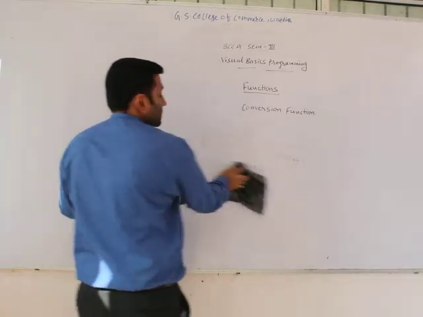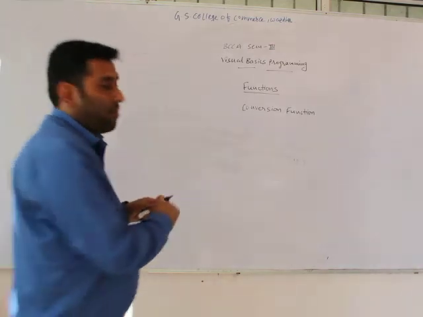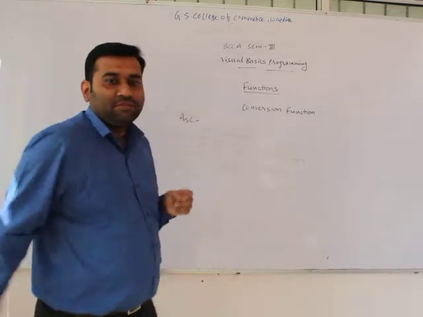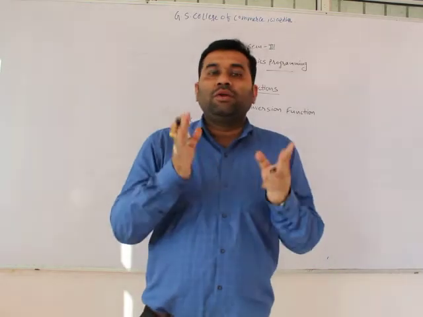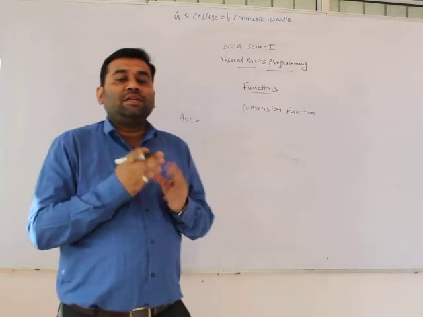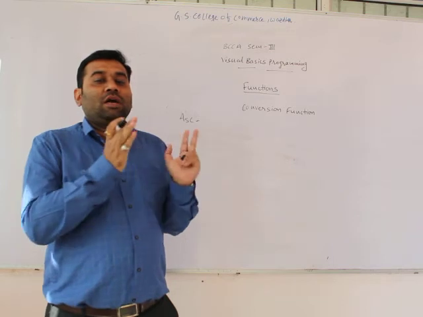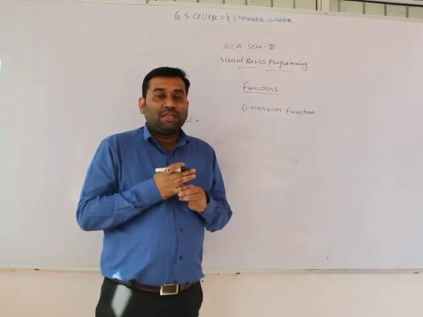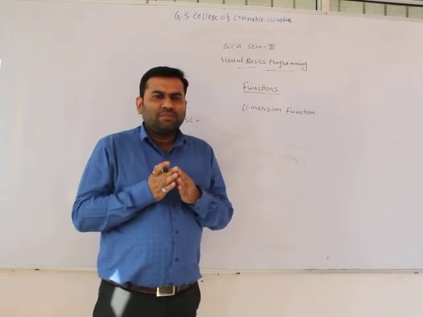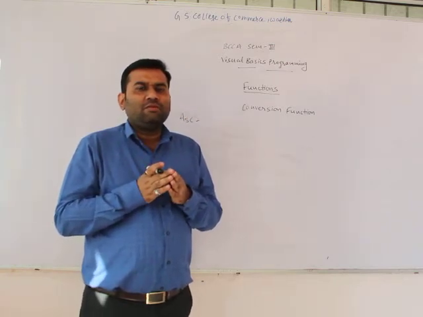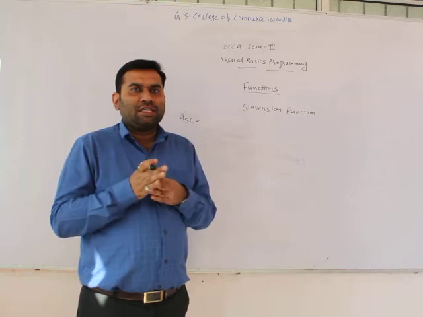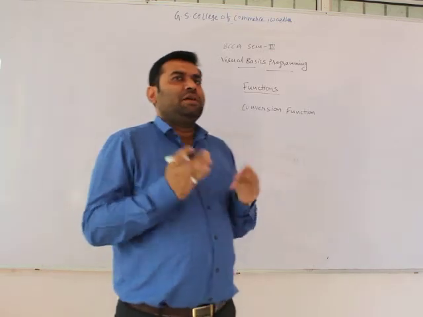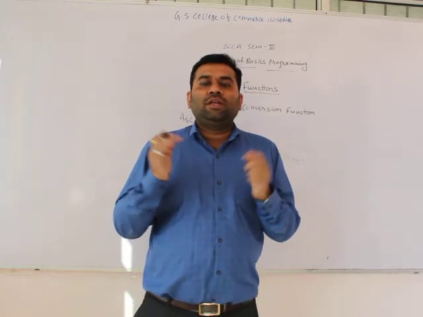Next is ASCII. This function returns a numeric value which represents the ASCII character code corresponding to the first letter of the specified string. ASCII means American Standard Code for Information Interchange.